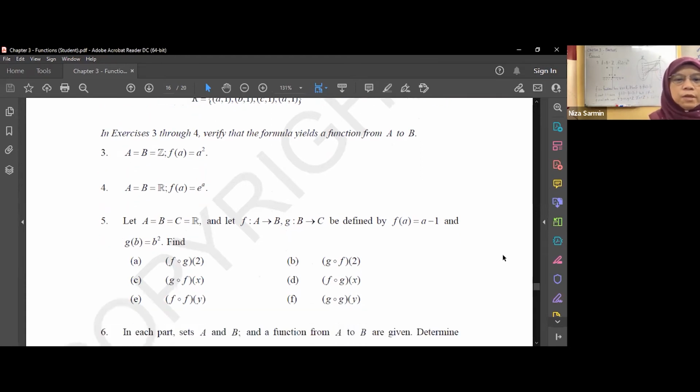All right. This one is just composition. F of g of 2. Let me do 1 and you can do the rest.